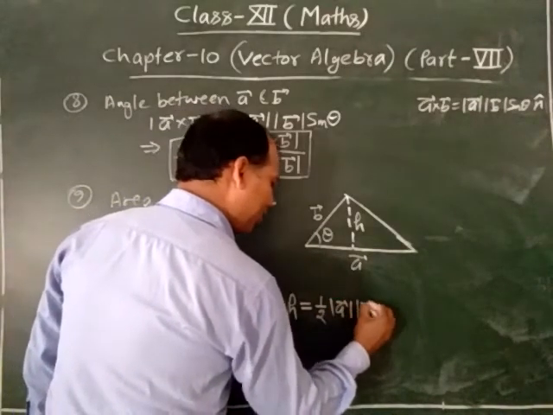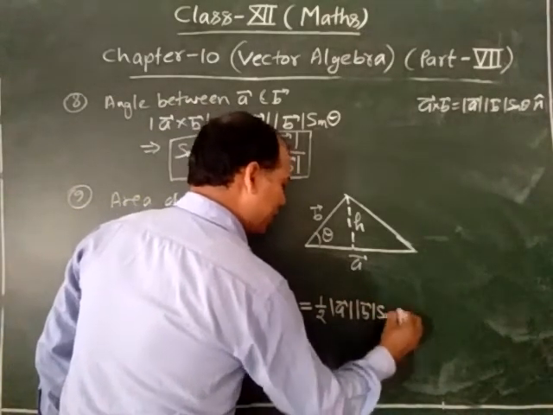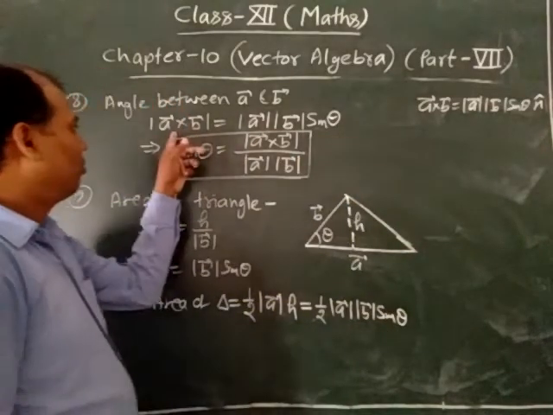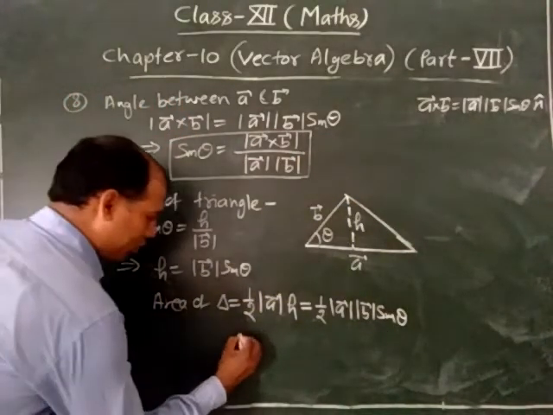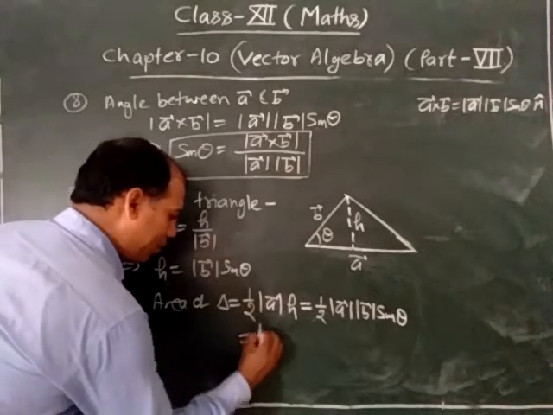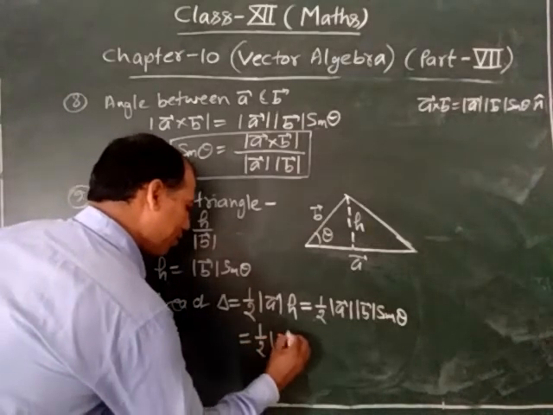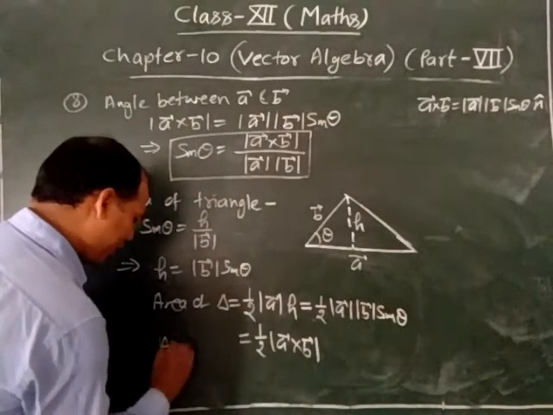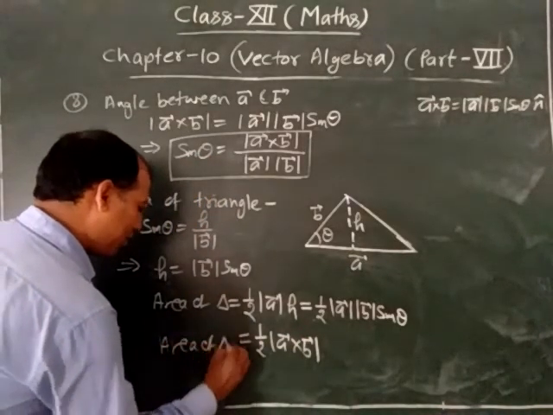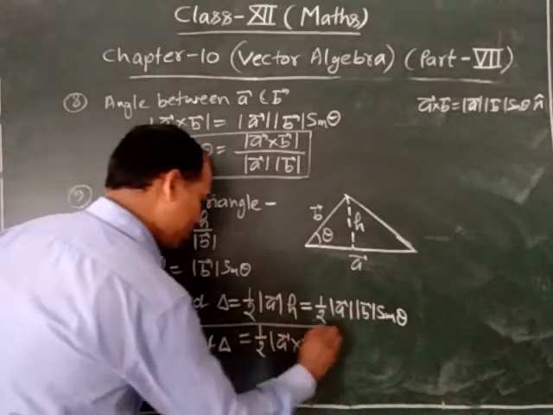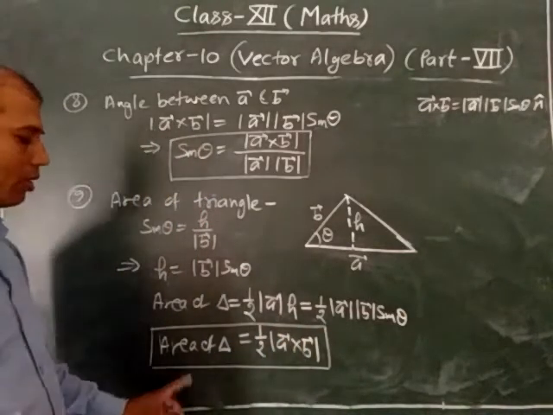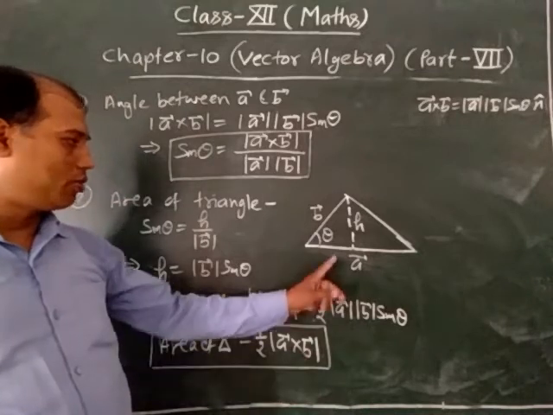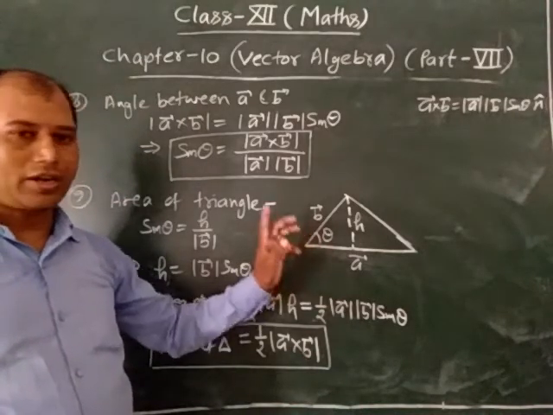Half mod A mod B sin theta, and this is the value of mod A cross B. So we can write half modulus of A cross B. This is the area of the triangle. So the area of a triangle can also be evaluated from this formula, where A and B represent the two adjacent sides of the triangle.